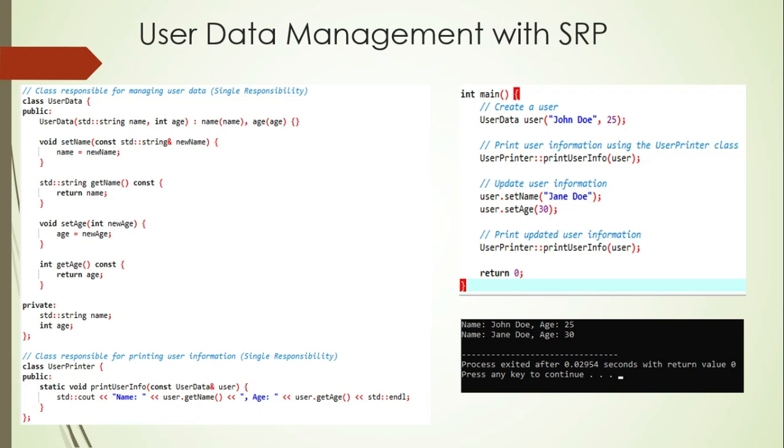And the public methods can be accessed outside the class. This is the UserData method, which is called the constructor, as the name of the class and method is the same. This constructor initializes the name and age of the user when an object of the UserData class is created.